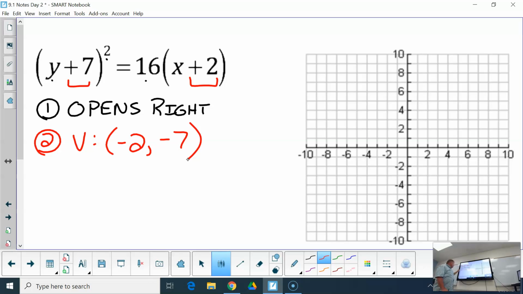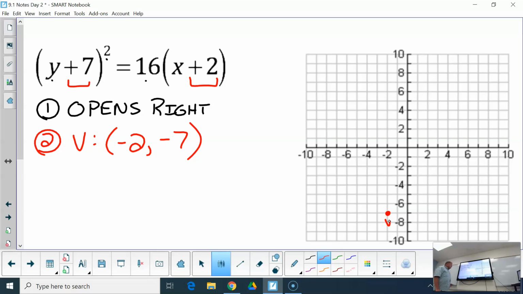So -2, -7, and I'm going to graph that one. Oh, that's right, we can use this graph. So -2, -7 is right there. That is my vertex, and it is opening to the right.